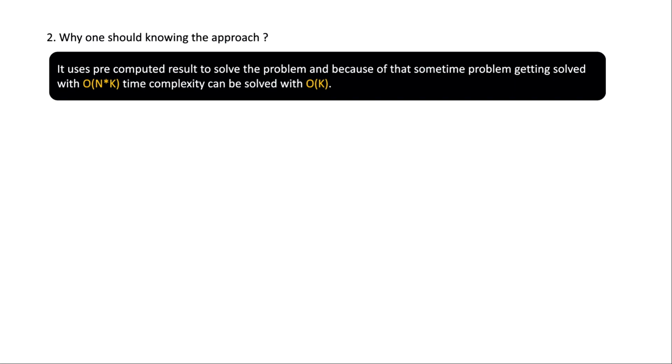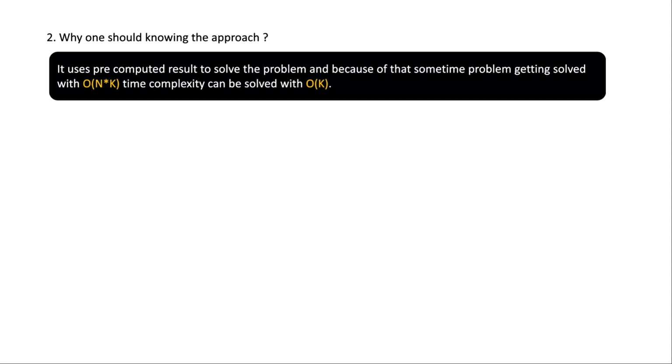As we discussed, if you have range queries, then due to pre-calculated sums you have an efficient way to get the range sum queries, and because of that, something that may take O of nk time complexity can be solved in O of k, because we have already calculated the sum array. Now, though this approach is called prefix sum, it is not limited to the sum. It can be used with product as well as division.